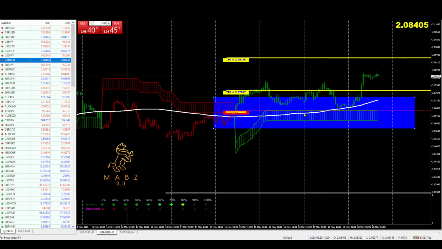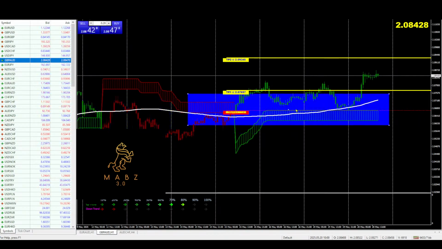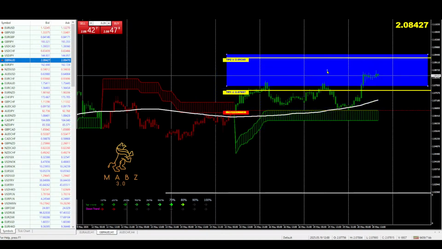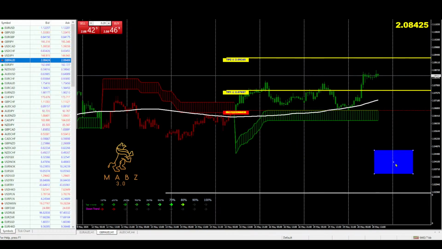So this moving average, that's what I mean by the moving average, this white line. Now let me show you where the market currently is. Look at that blue box. The price is actually here right now. So the price in relation to the moving average is above the moving average.